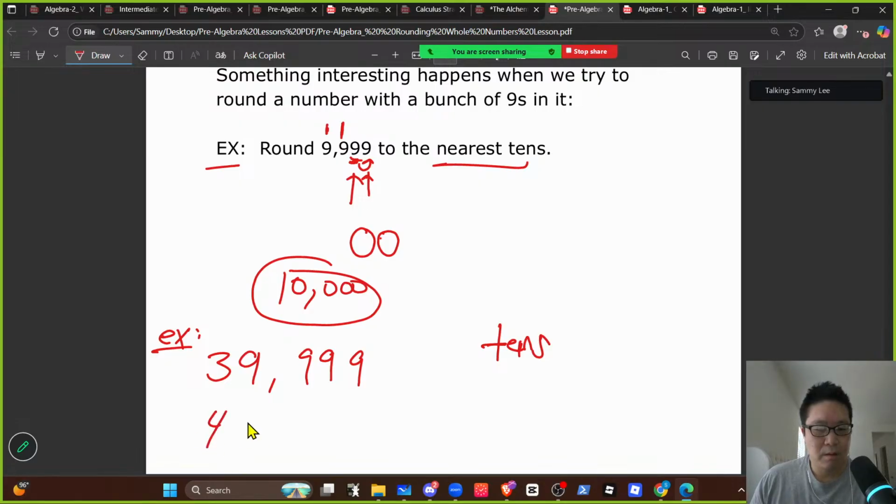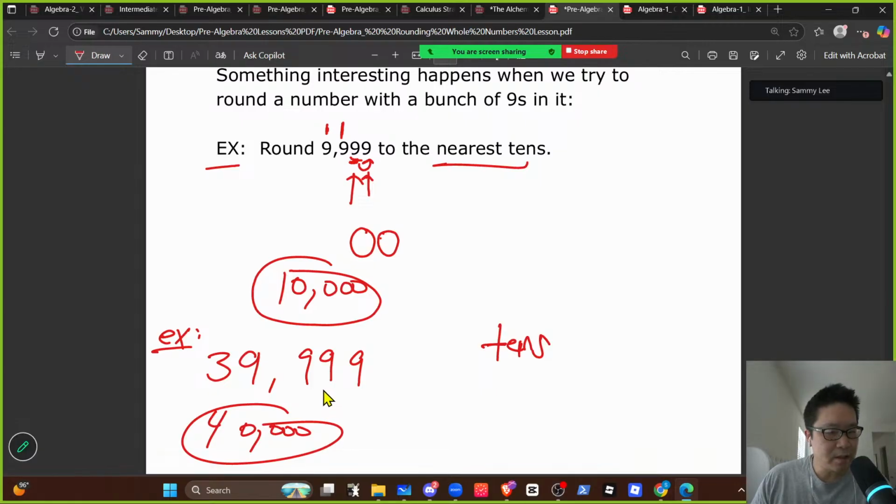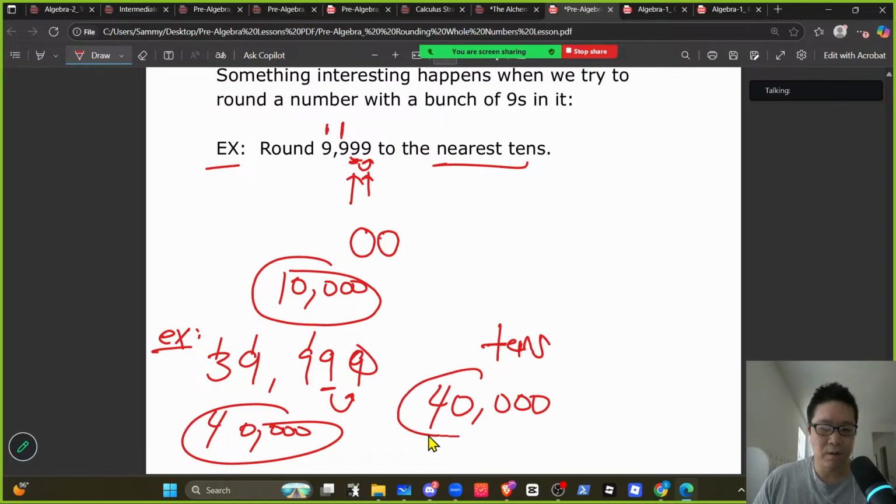Good. Because the number in the tens place is what? It's 9. The number immediately to the right of it is 9. So you're going to round up. So you're going to round 9 to 10. But when you do that, things get carried over. So everything's going to go up by 1. And 39,999 would become 40,000. This turns into a 0. So 40,000 is the answer.